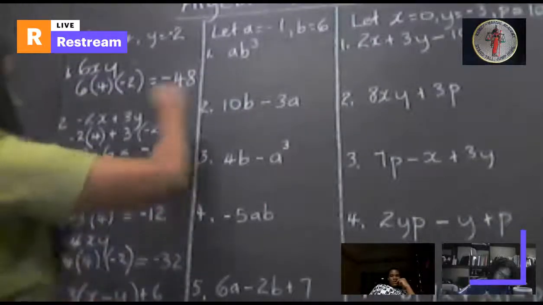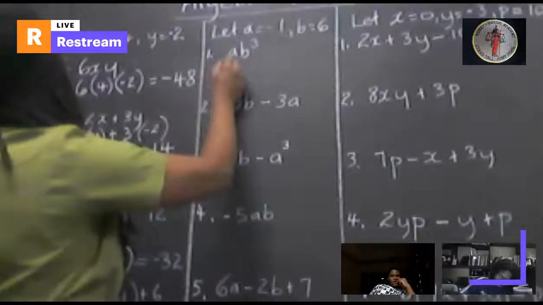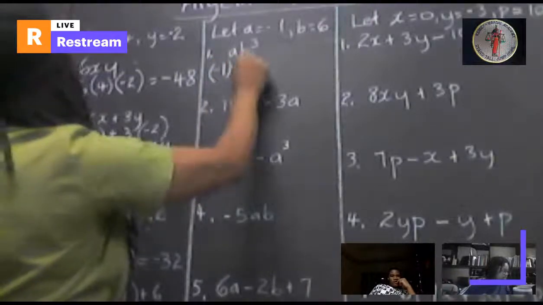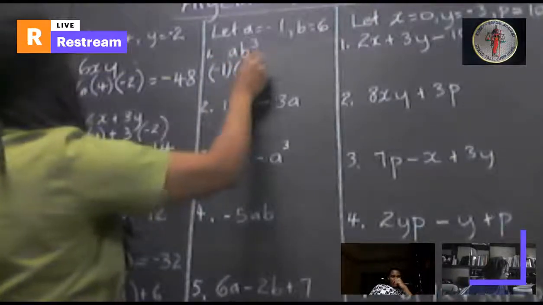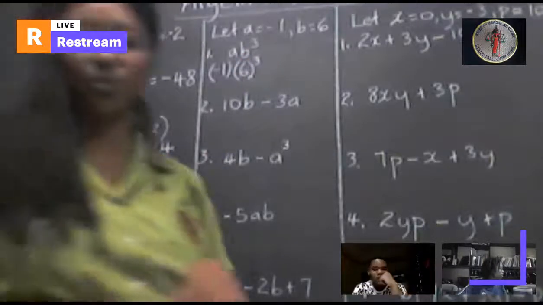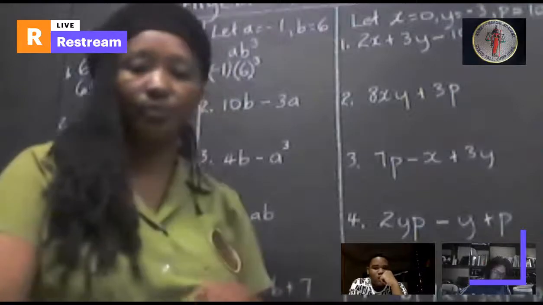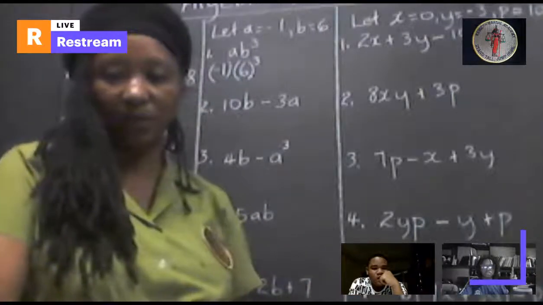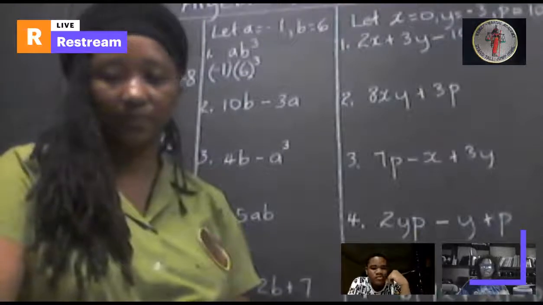So that will mean negative 1 times 6 cubed. What do we mean by 6 cubed? When we cube a number, what are we doing to it? We multiply the number by itself three times.